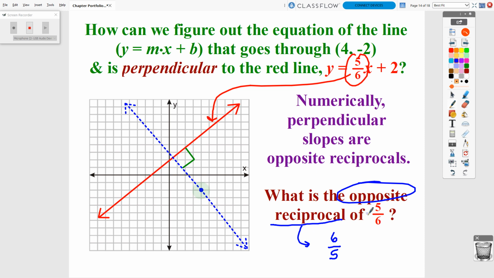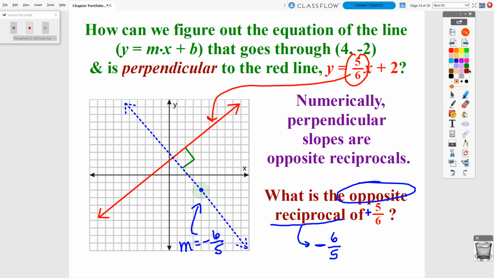So this 5/6 was a positive 5/6. So the opposite of our positive 5/6 is going to be a negative value instead. So you're going to switch the sign from positive to negative or negative to positive, depending on what the original slope was. And then you're going to flip the slope upside down. Okay? So the slope of this line is going to be negative 6/5.